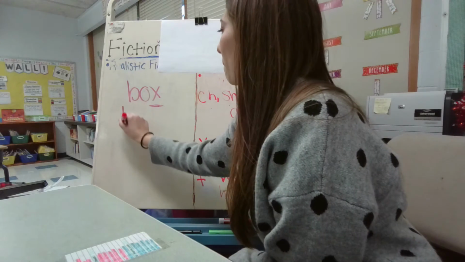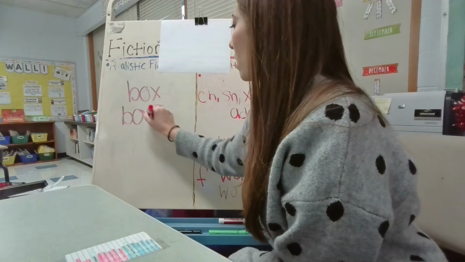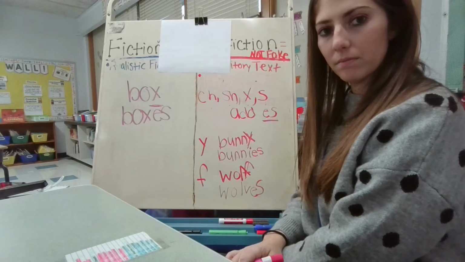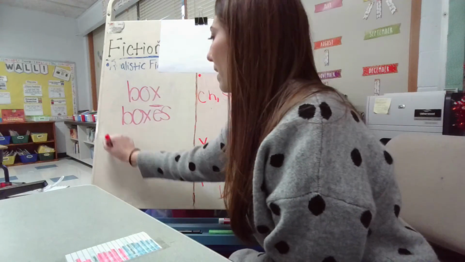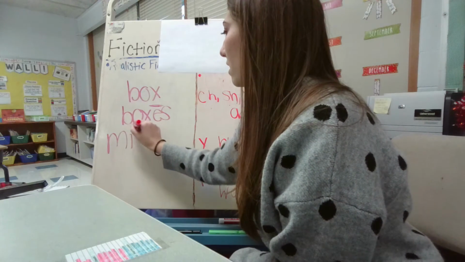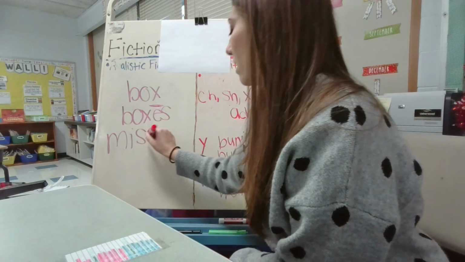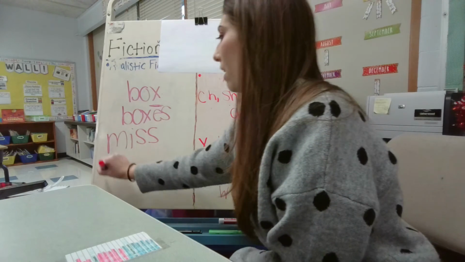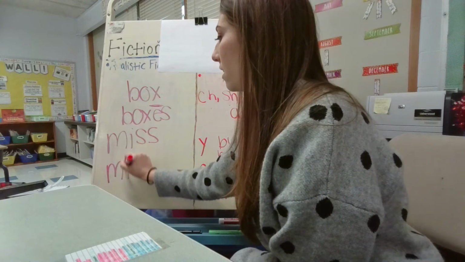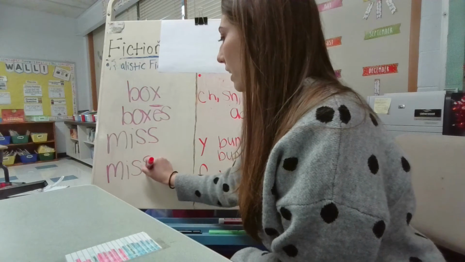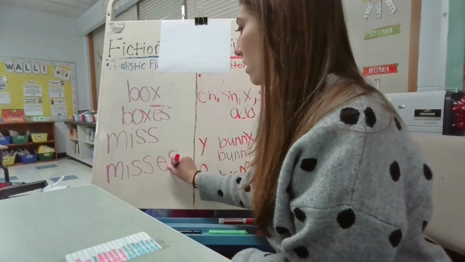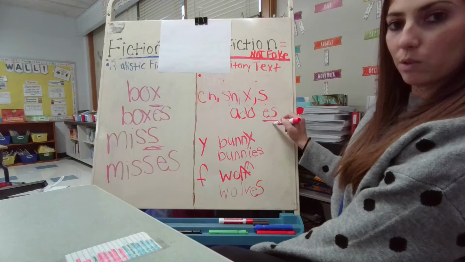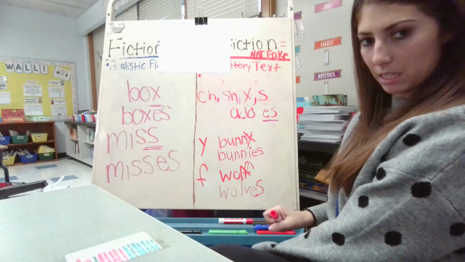So it would become boxes. Or like the word miss. If I want to say more than one miss, it would be misses. Okay, because miss ends in an S. And an S, you add ES to make it plural.